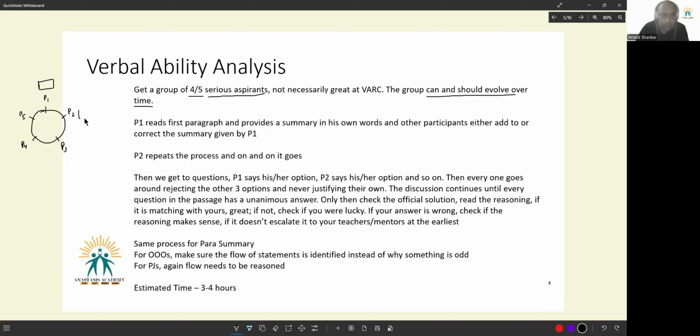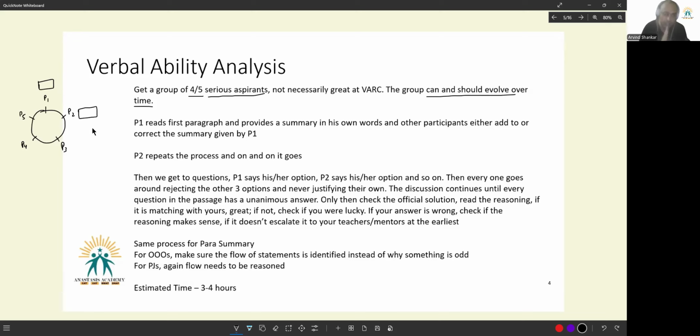Then the second paragraph is read by the second person. Whatever understanding they've had, they'll share it here. If they have a parallel idea, if they have an analogous relationship that they have established, or if they have any prediction about what the subsequent part of the passage is going to be, or where the author's opinions lie, everything that you have gets mentioned in the summary.